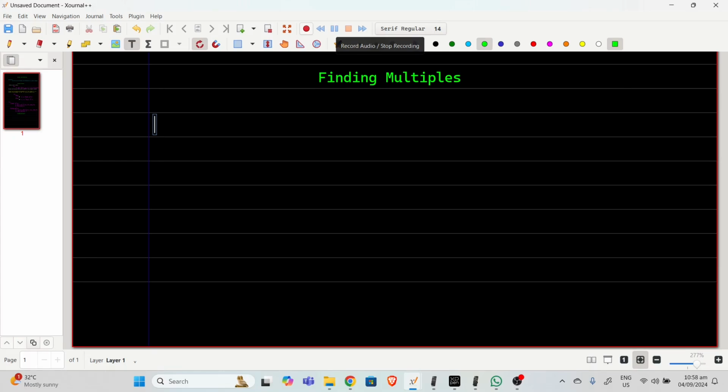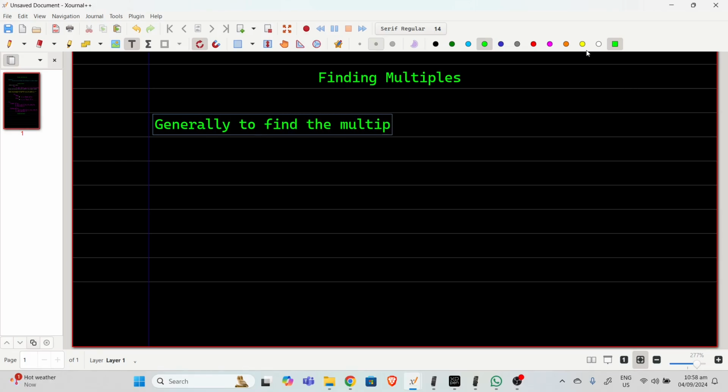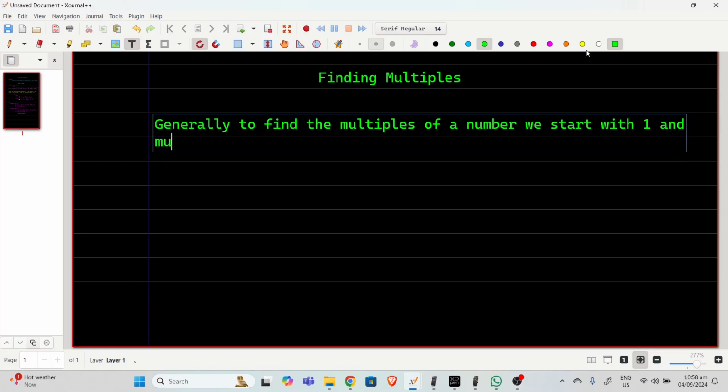Let me put that in note form, so we can say generally, to find the multiples of a number, we start with 1 and multiply the consecutive natural numbers.